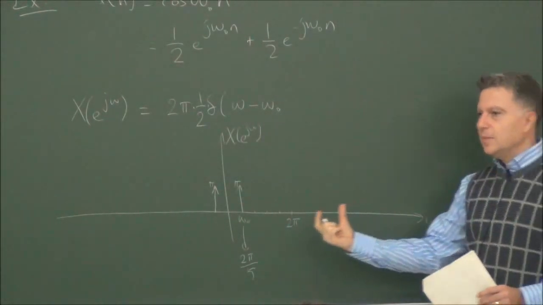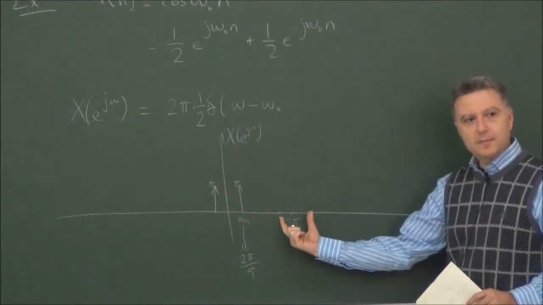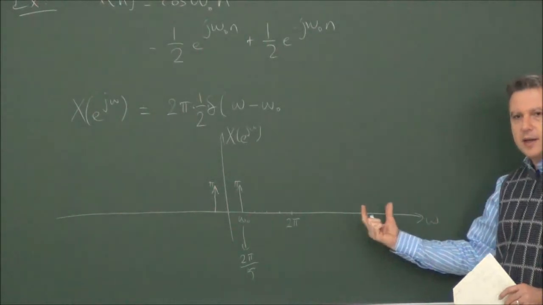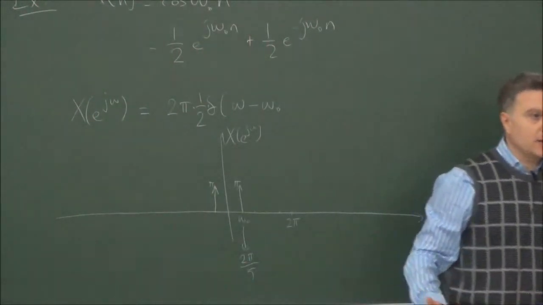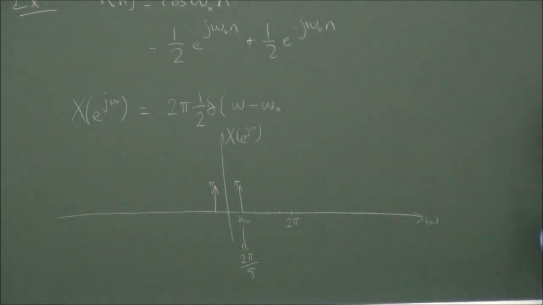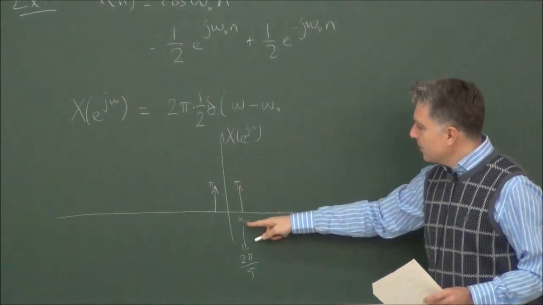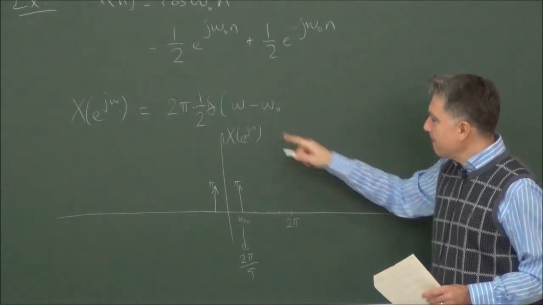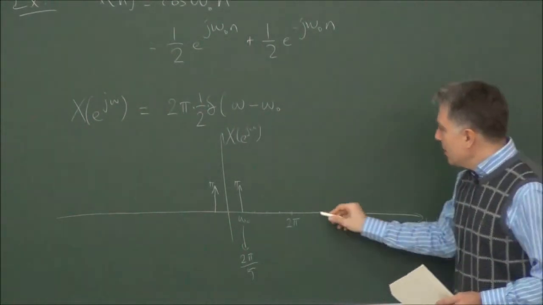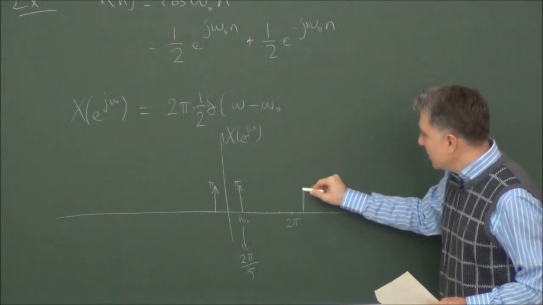But these two impulses are in the center, and they must repeat themselves around 2 pi, around 4 pi, around 6 pi, and around minus 2 pi, minus 4 pi, minus 6 pi as well. So we have to make an extension of this. This is the impulse that I have drawn, pi times delta omega minus omega 0. I have to put the same impulse here as well.